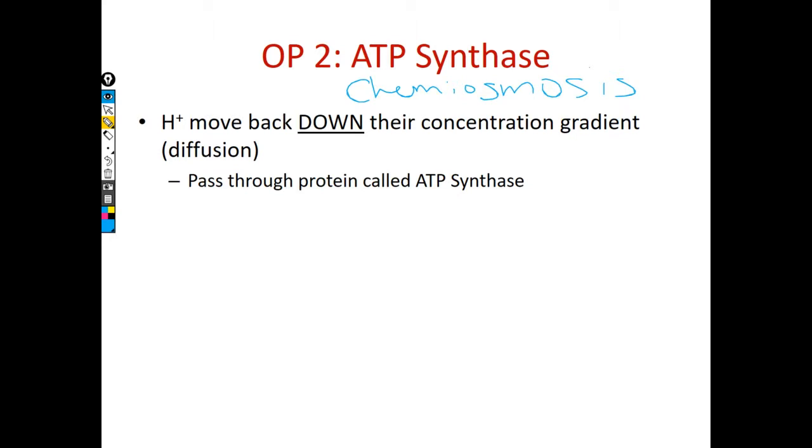Specifically, we're going to pass them through a specific protein called ATP synthase. It's like letting water rush over a dam. When you let water rush over a dam, it creates electricity. When we let the hydrogen protons rush over this protein, it spins a turbine and it's going to pop out ATP like candy.